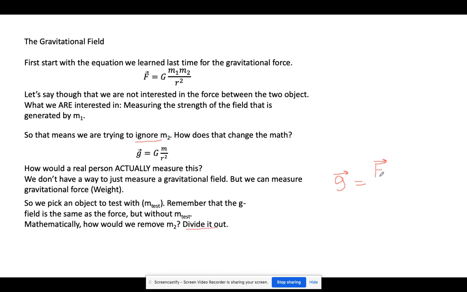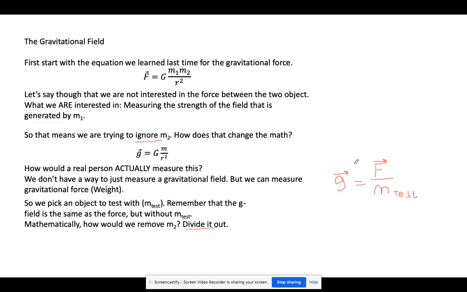And so here we have the force, which we can measure. But what did we do with the force? We ignored m2. We divided it, which means we divided it out. So that's exactly what we're going to do here. We're going to take the force and divide it out. So what you see here is that this is another way.